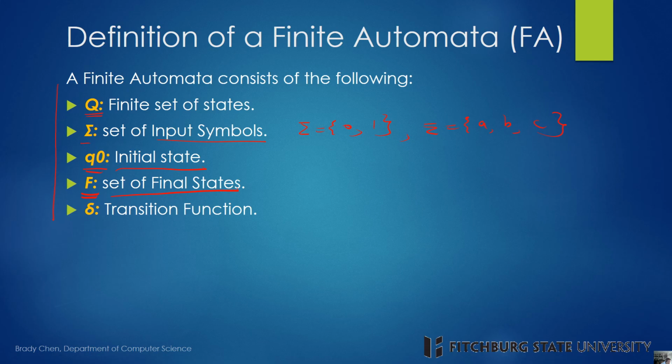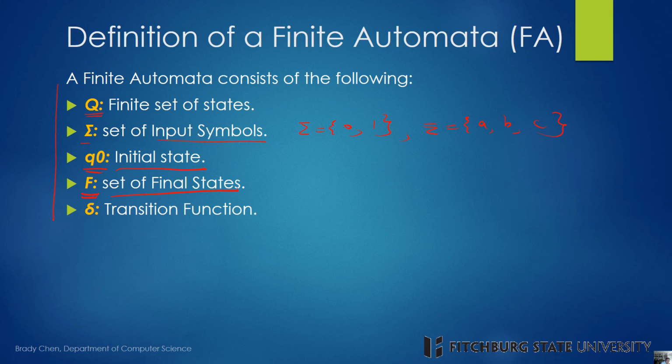And eventually we're going to end up in a final state. That final state could be an accepting state, which means we accept the string because that string reached that state. That's acceptable. Now, the final state could be a rejecting state. That means if you reach that state, this input is rejected.